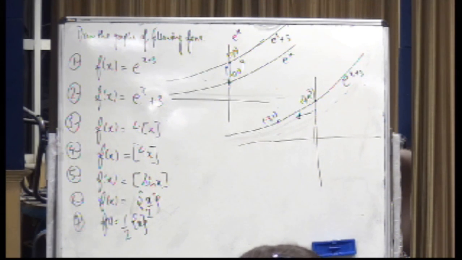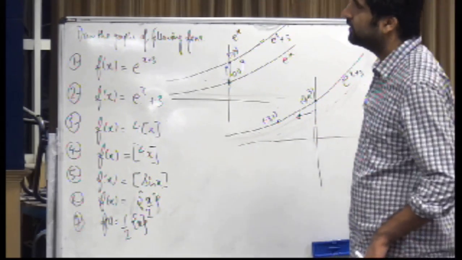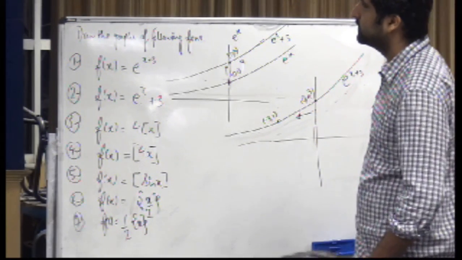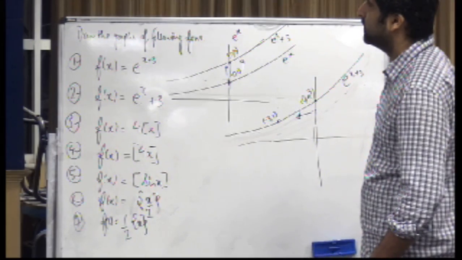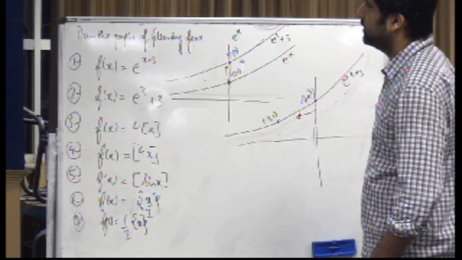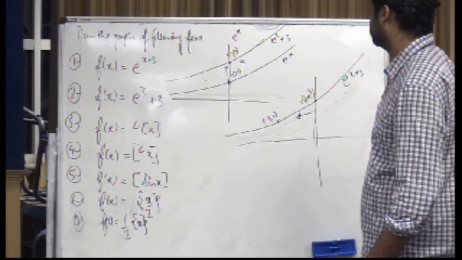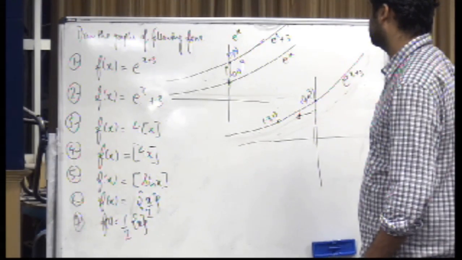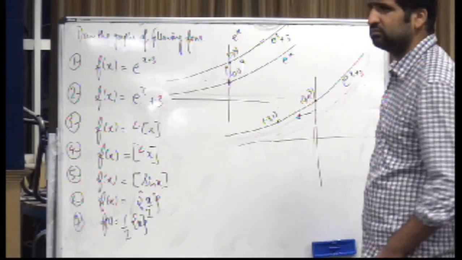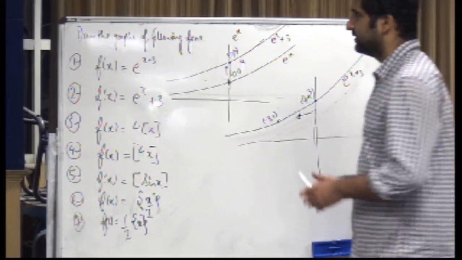Will not be less than 3. Please explain. In the second graph, the value of the function will not be less than 3. Why not? It can be less than 3.